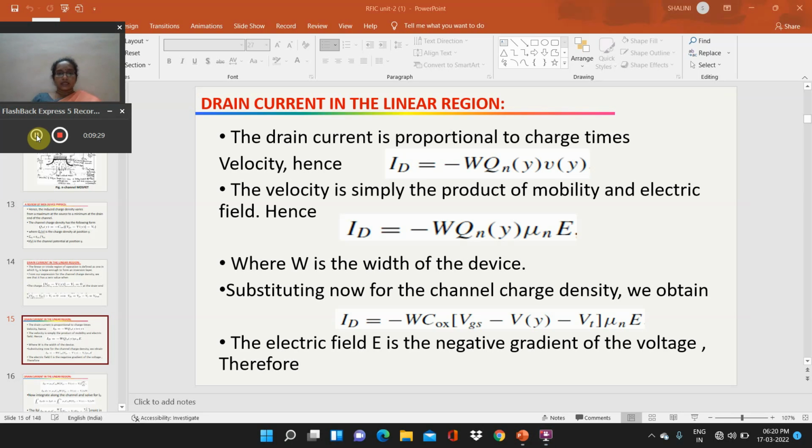The velocity is simply the product of mobility and electric field. Hence, ID is equal to -W Qn(y) mu_n E, where W is the width of the device. Substituting now for the channel charge density, we obtain ID is equal to -W Cox (VGS - V(y) - Vt) mu_n E. The electric field is the negative gradient of the voltage.